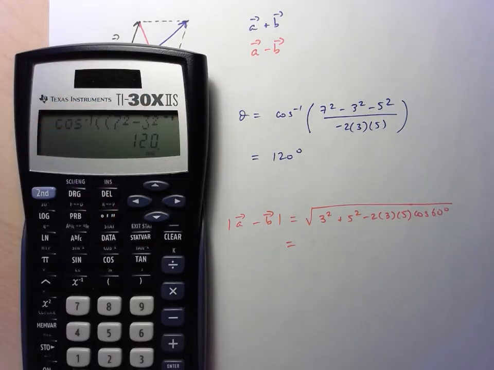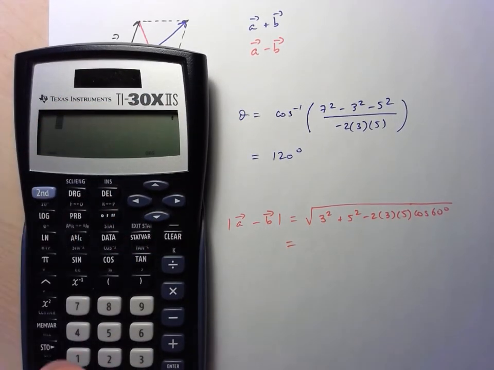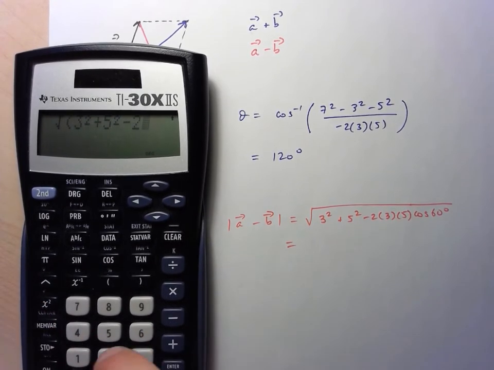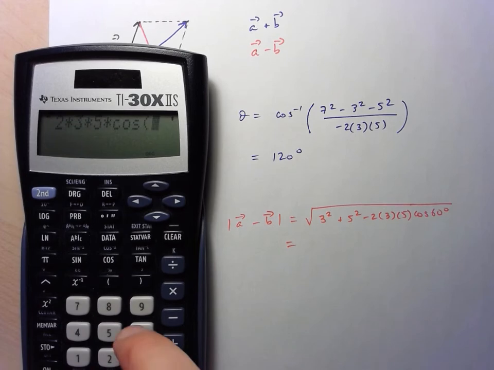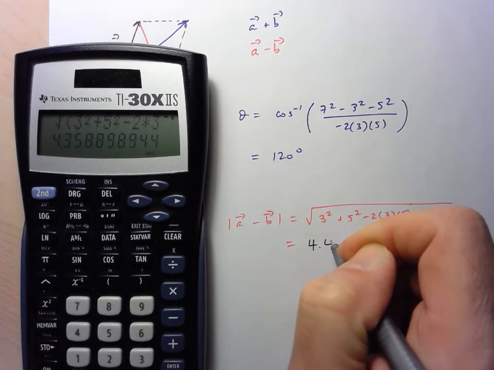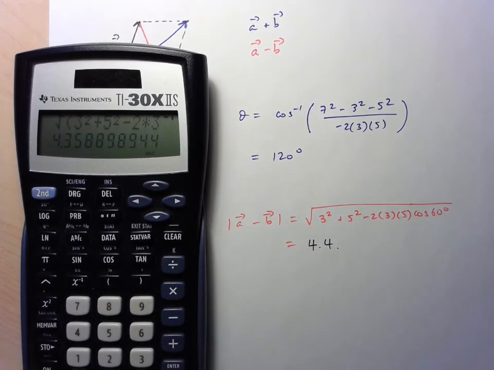So here we've got the square root of 3 squared plus 5 squared minus 2 times 3 times 5 times cos 60. And we end up with about 4.4. Okay, and there we go.